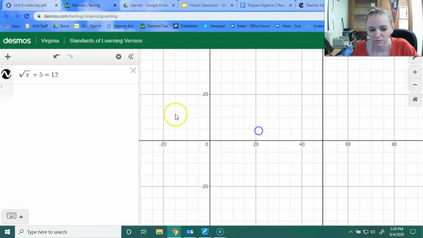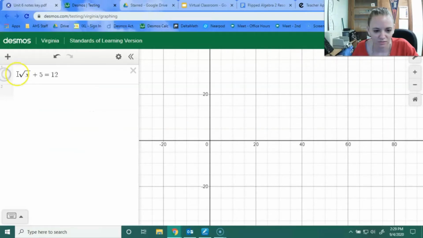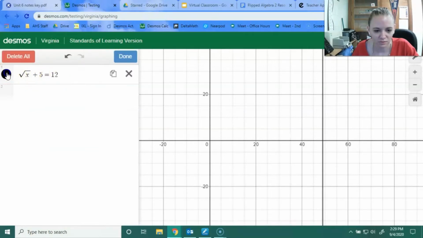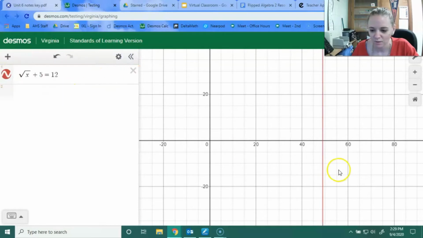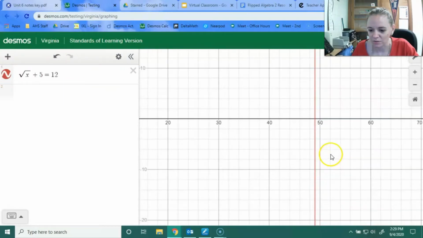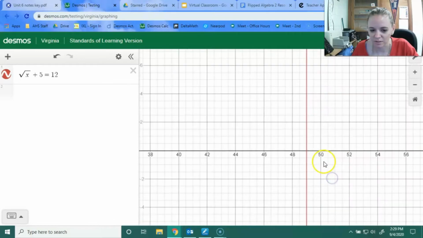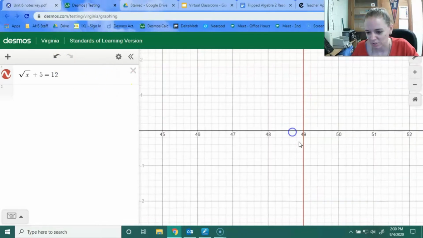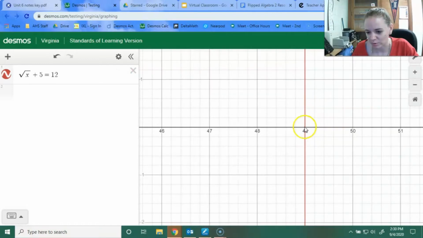So when you zoom out, you will see, let's change this to a color. There it is. You can zoom in and see, it doesn't show you the answer up here, but you have to look at the graph and see that it's intersecting at 49. Okay, so there you go.